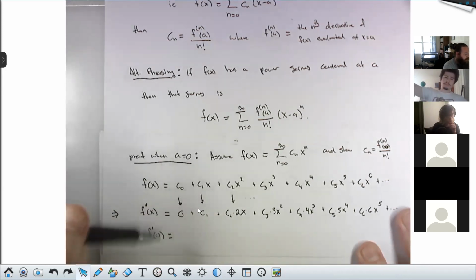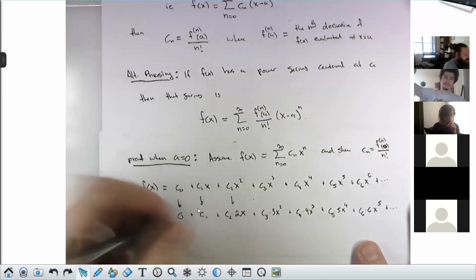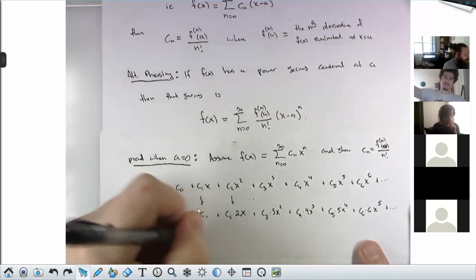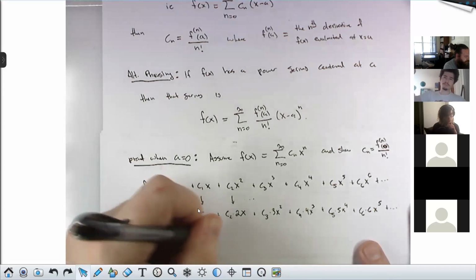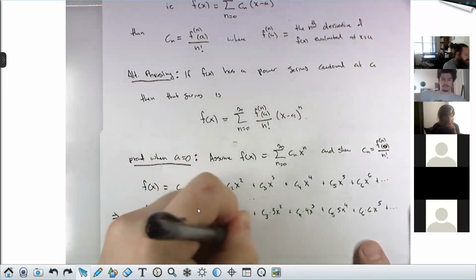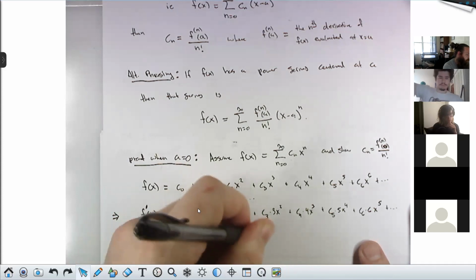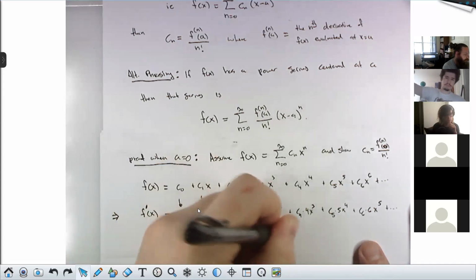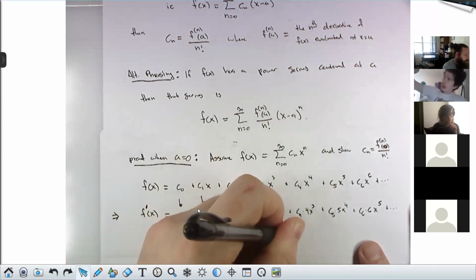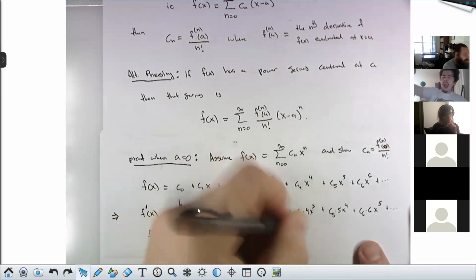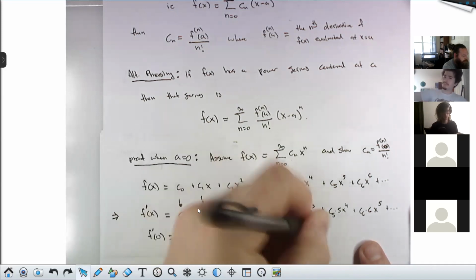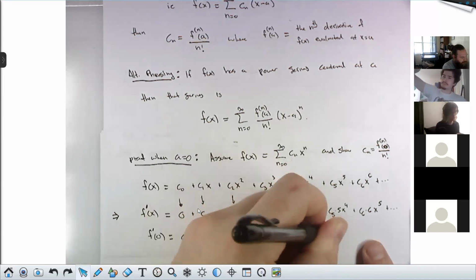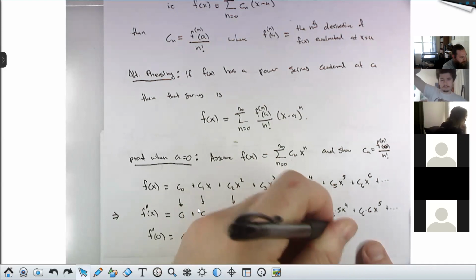So f prime of 0, well, this piece is 0. This piece is just C1. This would be C2 times 2 times 0, plus C3 times 3 times 0 squared, plus C4 times 4 times 0 cubed, plus C5 times 5 times 0 to the 4.